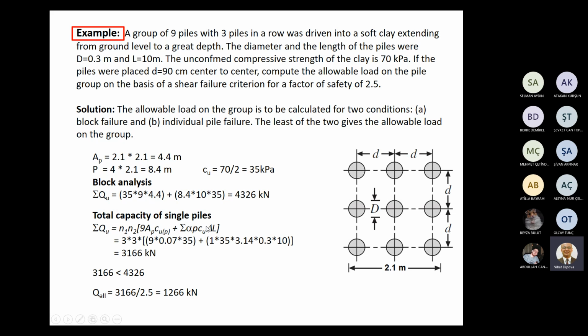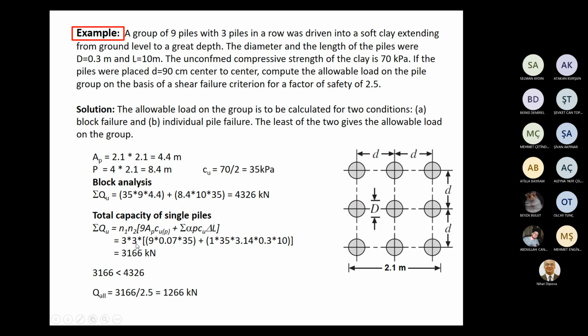What about the single pile approach? In the single pile approach, we'll determine the capacity of a single pile, multiply with the number of piles, 3 by 3. And this is equal to 3,166.